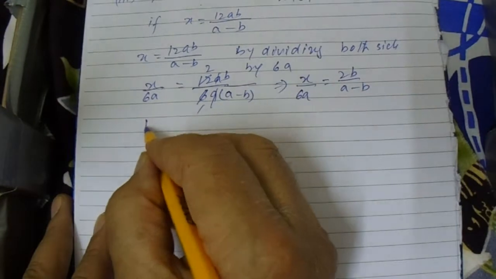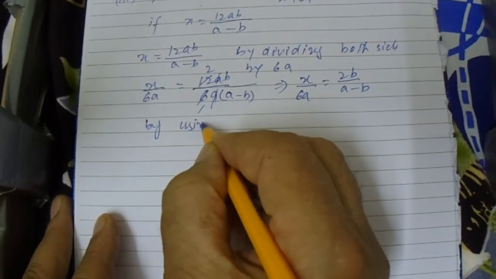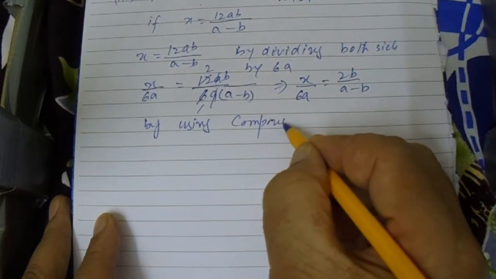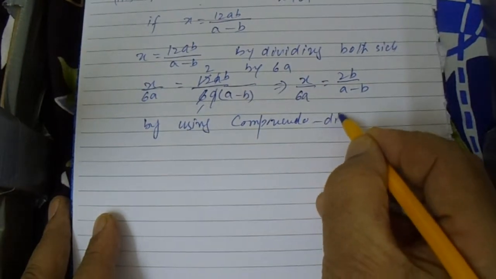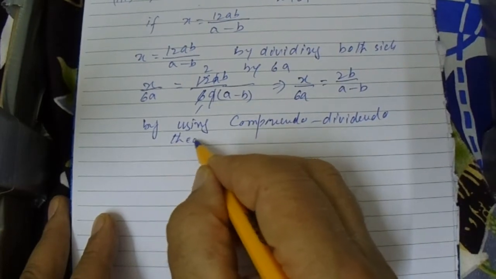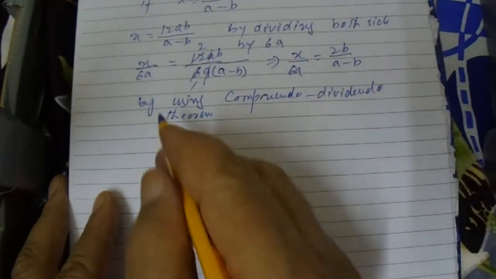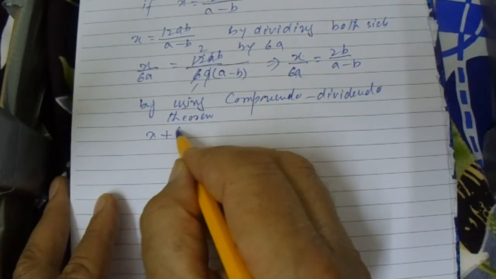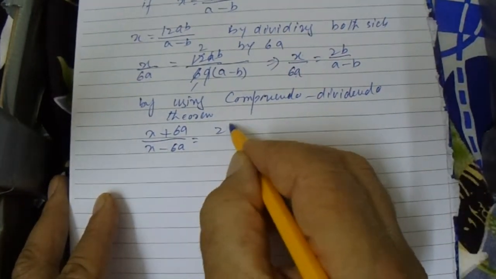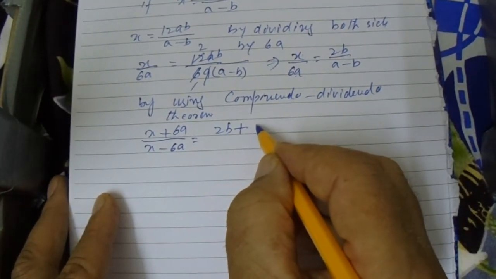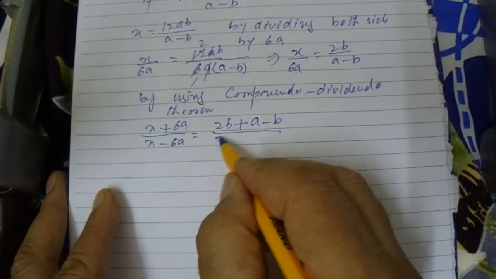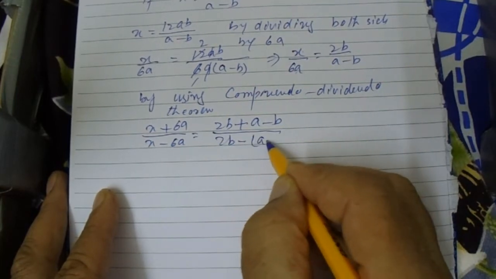Now by using componendo dividendo theorem, this means this plus this, x plus 6a over x minus 6a is equal to 2b plus a minus b, and here in the denominator 2b minus a minus b.